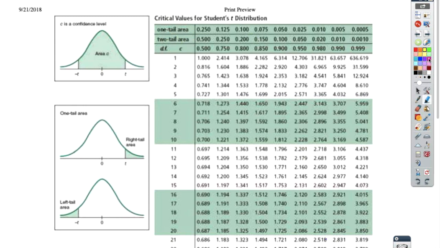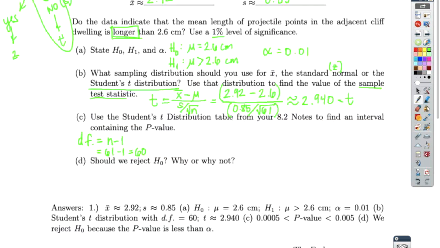If you're using greater than or less than, then you use 1-tail area, and if you're using not equal to, then that's 2-tail area. So on our alternate hypothesis, we're using greater than. So in this case, it's a right-tailed test.